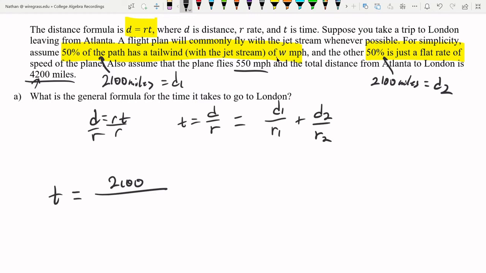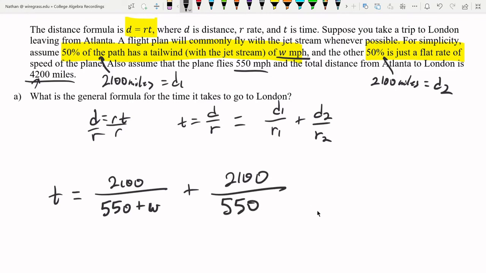The jet stream is going W miles per hour. So it's going to be just a flat increase by just W. So the first rate is going to be 550 plus W. And then we're going to add that to the second distance, 2,100. And the second rate is just 550 miles per hour.